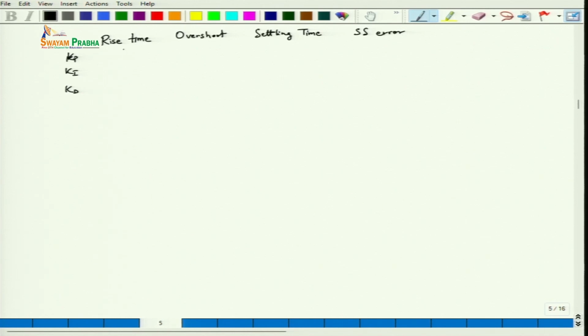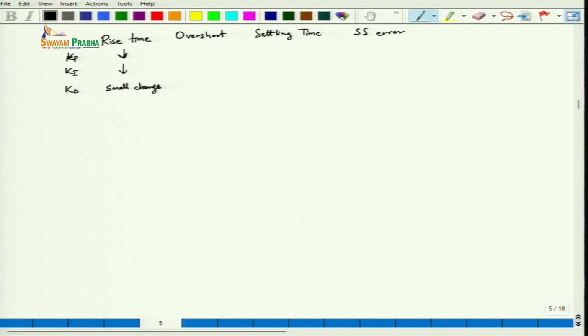Kp and Ki will basically reduce the rise time, because Kp will just proportionally increase the effect of the error, trying to reduce the error, and it will move the curve upwards. Same with Ki, and for Kd we will have a very small change, so it's very negligible.